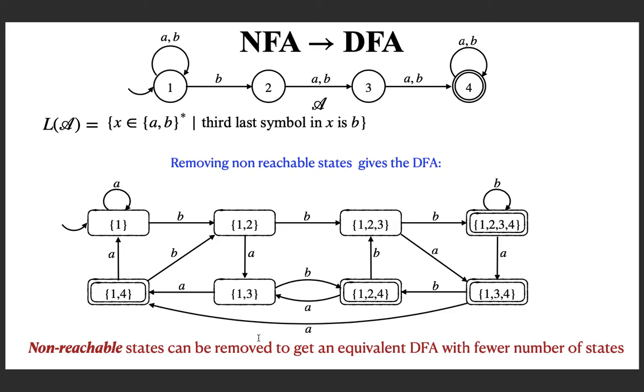This is a classical example used to illustrate that NFAs are exponentially more succinct than DFAs. For example, here you have only 4 states, or 3 plus 1 states, where 3 is the number of symbols from the right that we are counting.